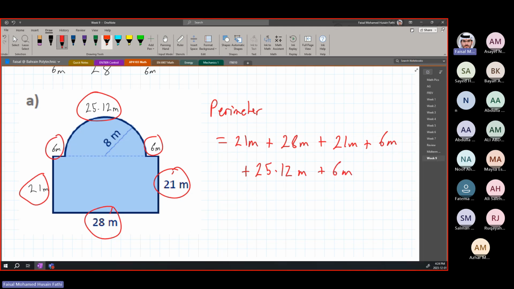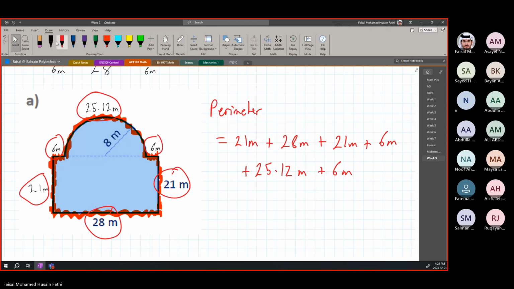All right, I'll just recap. 21 meters plus 28 meters plus 21 meters plus 6 meters plus 25.12 meters, and then plus the last 6 meters, and this is the perimeter.